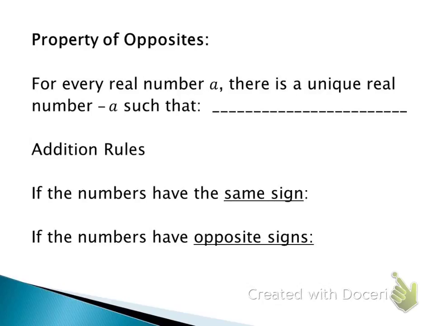For every real number A, there is a unique real number, the opposite of A, such that A plus the opposite of A, or -A, equals 0.